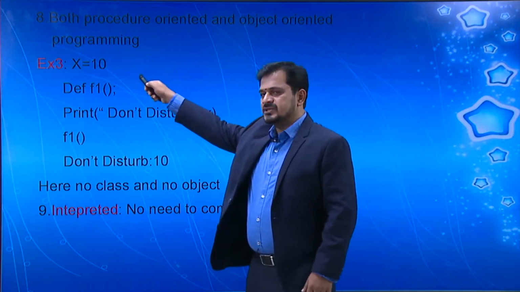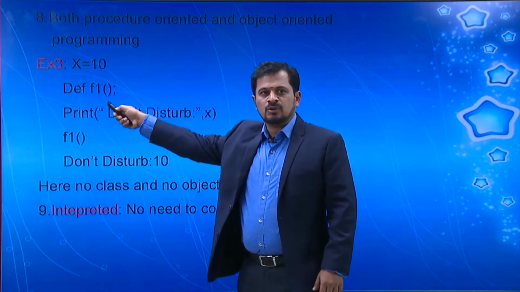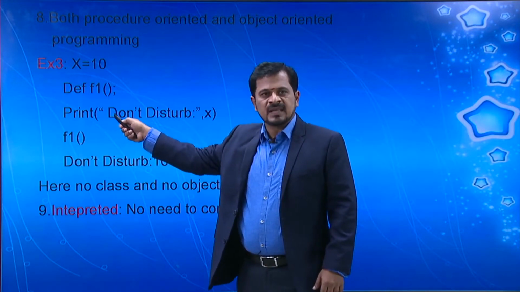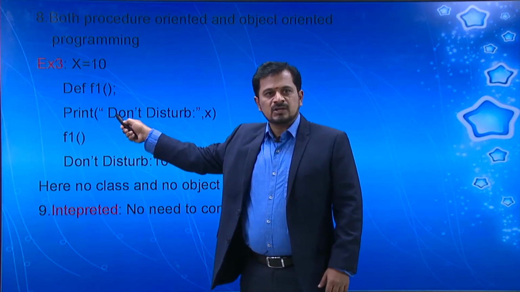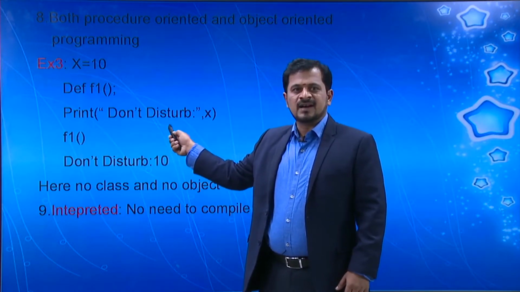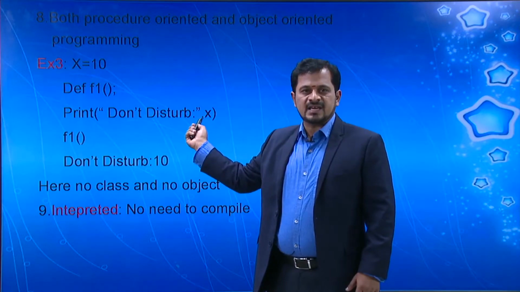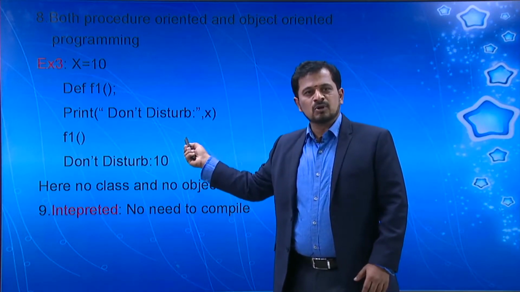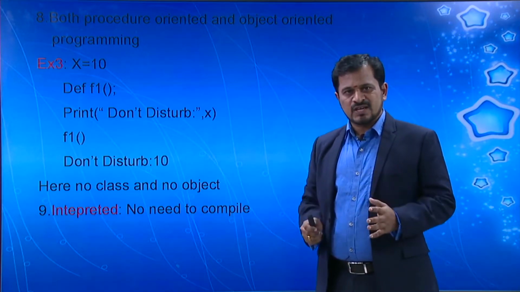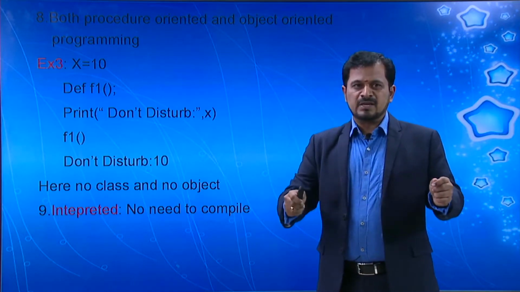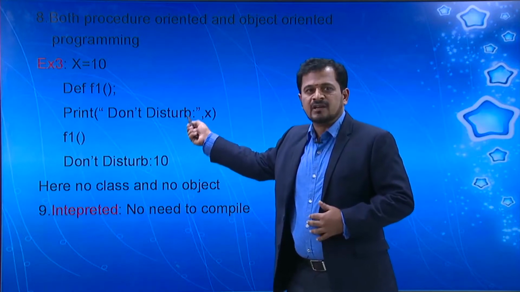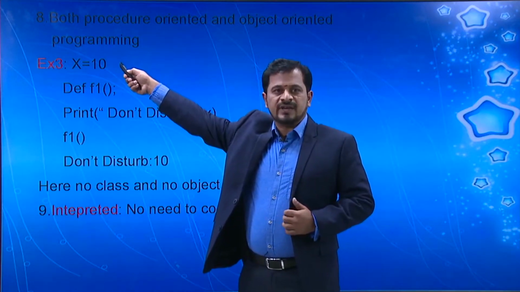Here X is going to be 10 and we are going to define F1, and then the second thing is print open bracket, within that double quote "don't disturb", and then I am putting X. Whatever is given within the double quote is considered a string and is printed as it is, and the X value is taken from what we declared earlier.